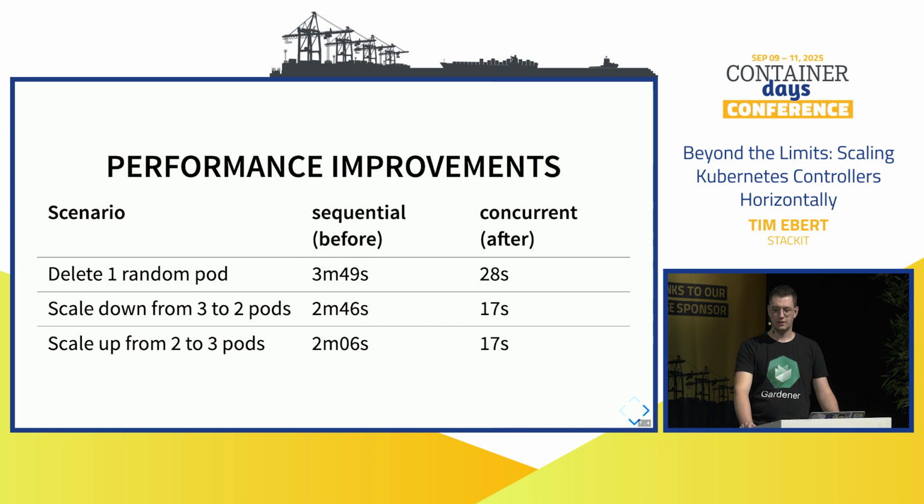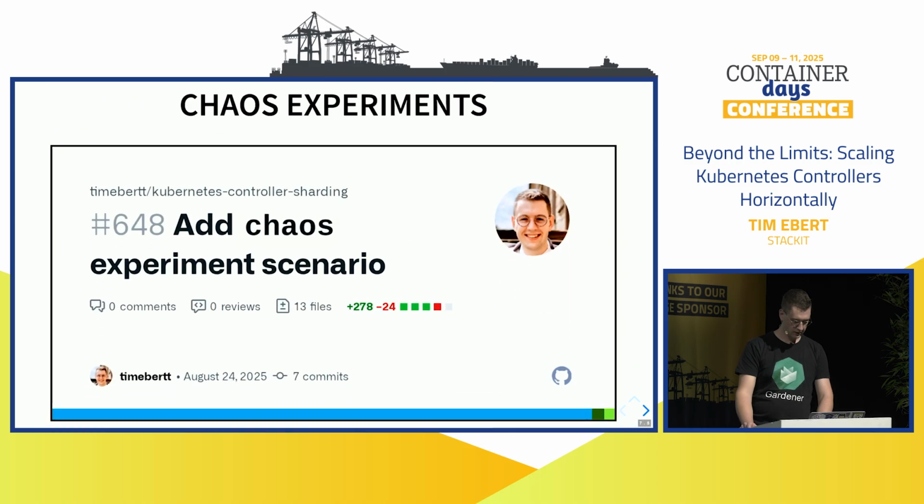We gain a lot of performance that is relevant to dynamic environments. And to evaluate all of this, I added also some experiments to my load testing tool, where it just terminates random instances, and we can see that the SLOs are still met for the controllers.